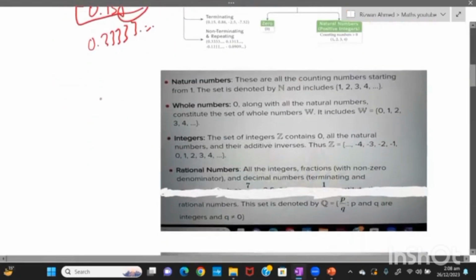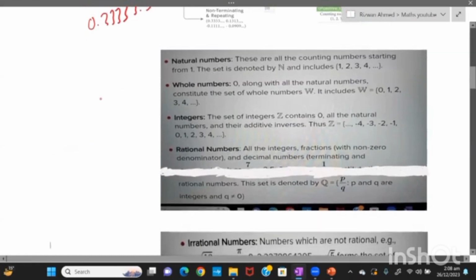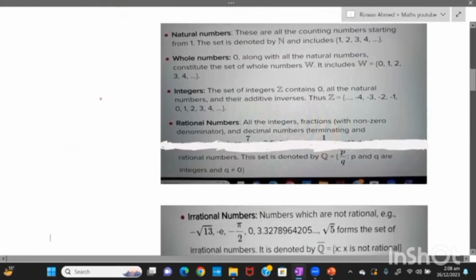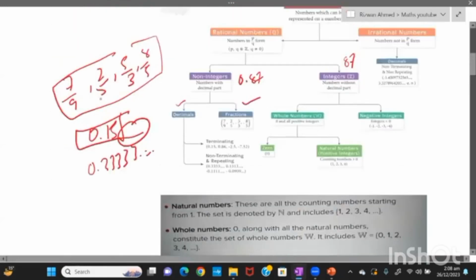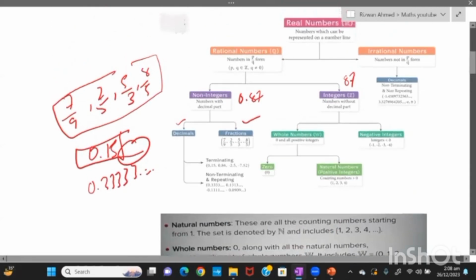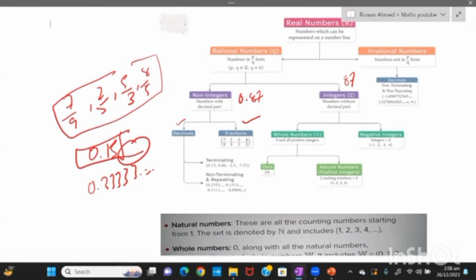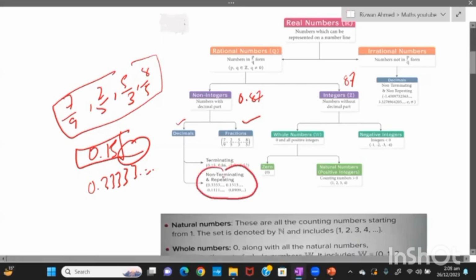Look at the definitions of all of these in detail. What are rational numbers and what are irrational numbers? Irrational numbers basically have no terminating end, for example 0.278967458, whatever. Pi has no fixed value. What is the difference between non-integers with a repeating value and this decimal?